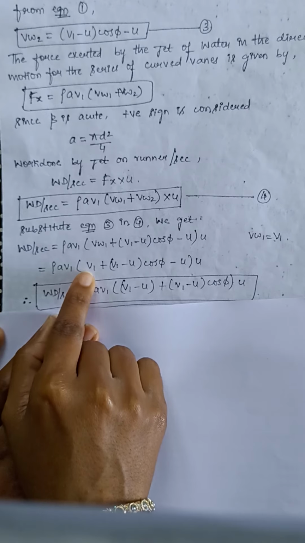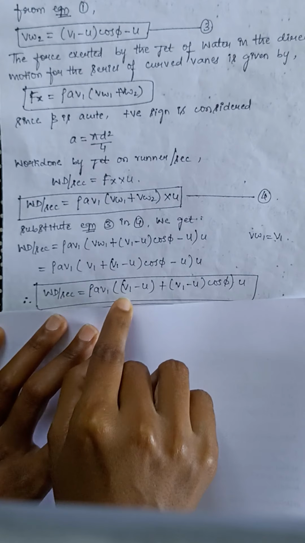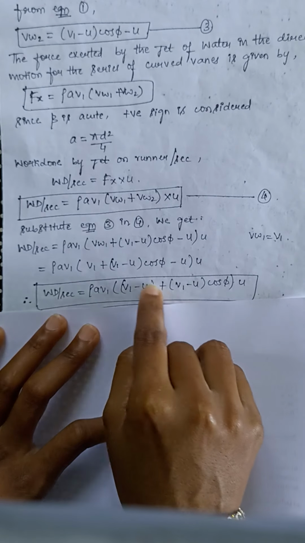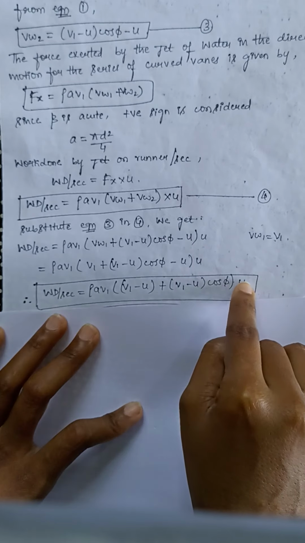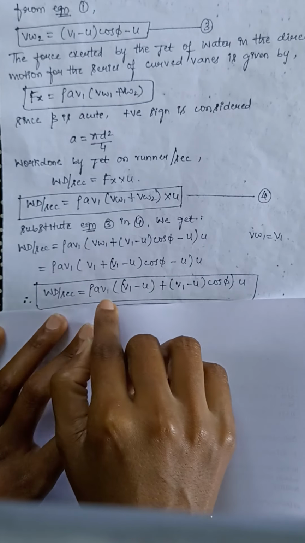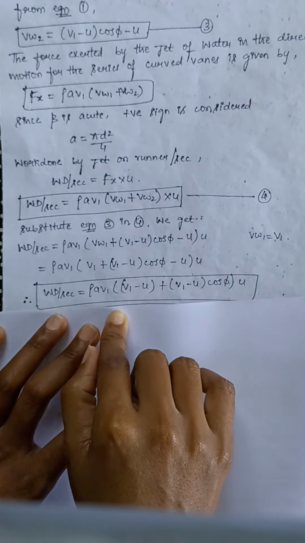See, you are having the term V1 minus u. Let us keep these two terms as a single term, that is V1 minus u, plus the remaining (V1 minus u) of cos phi you need to write here, multiplied by u. This term will be written as it is. So, this is the final equation for work done per second of the Pelton wheel turbine.